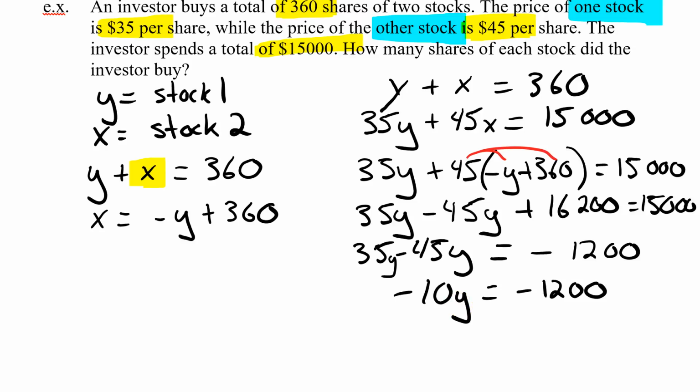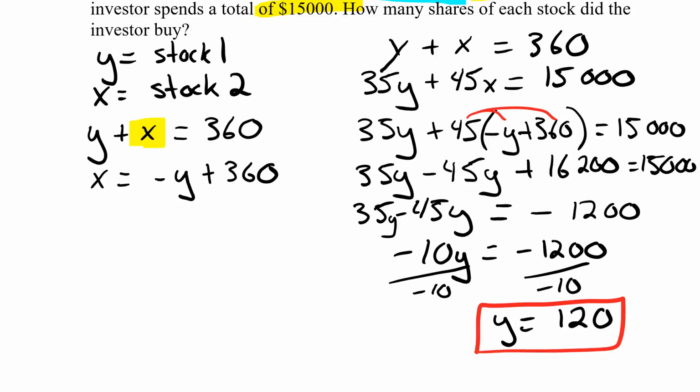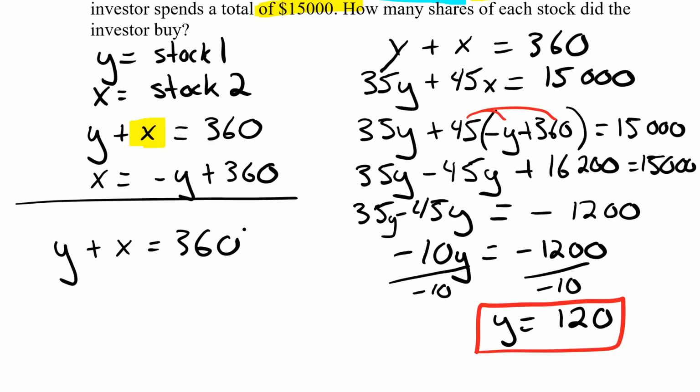We're going to divide this by negative 10 and negative 10. Y equals 120. Positive, because we have a negative divided by a negative. So there is the y value that is going to satisfy my equation. Let's now go to the other equation because it's a simpler one. We've got y plus x is 360, and we're going to change the y to 120.